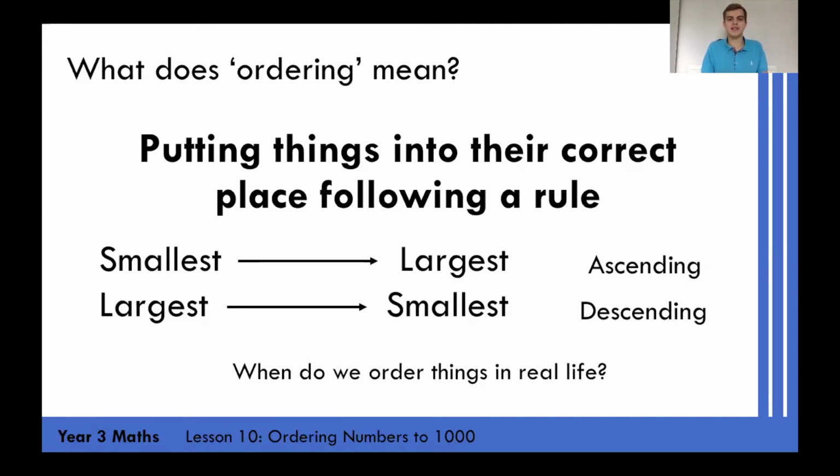I follow a recipe and I've got to make sure I do step number 1 first, then step number 2, then step number 3, because if I did them in the wrong order, my cake would not look how it should, or would not be right, would it? Because I'd have done the steps in the wrong order. Can you think of any other examples? Fantastic, well done, great thinking. We do lots of ordering in real life, and today we're going to see if we can order some numbers.